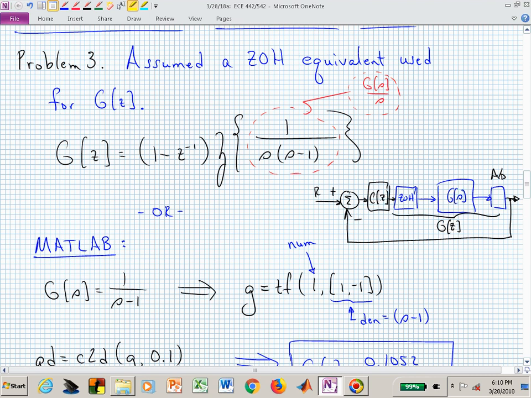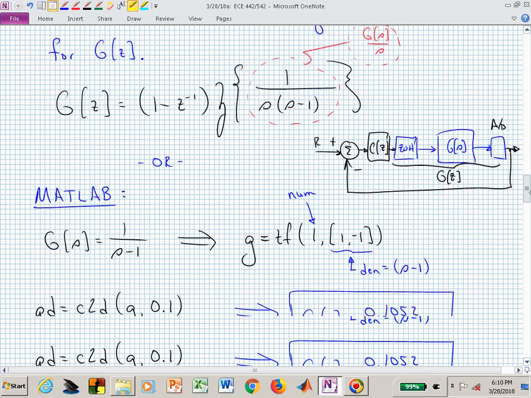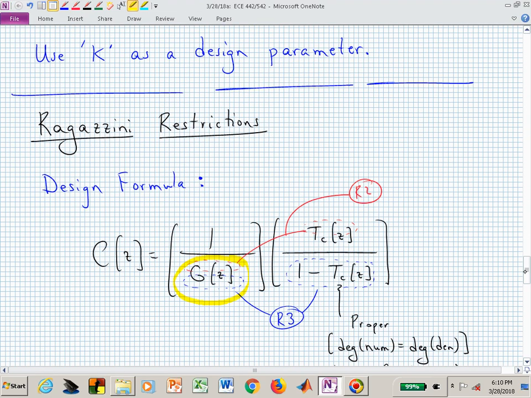We can't have c of z canceling unstable zeros or poles in g of z. That's where we multiply g times c, or the controller times the plant. Is that clear?